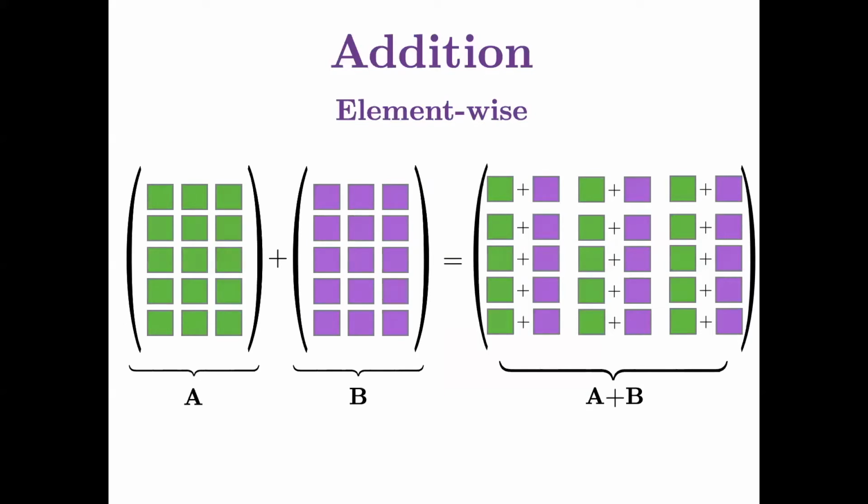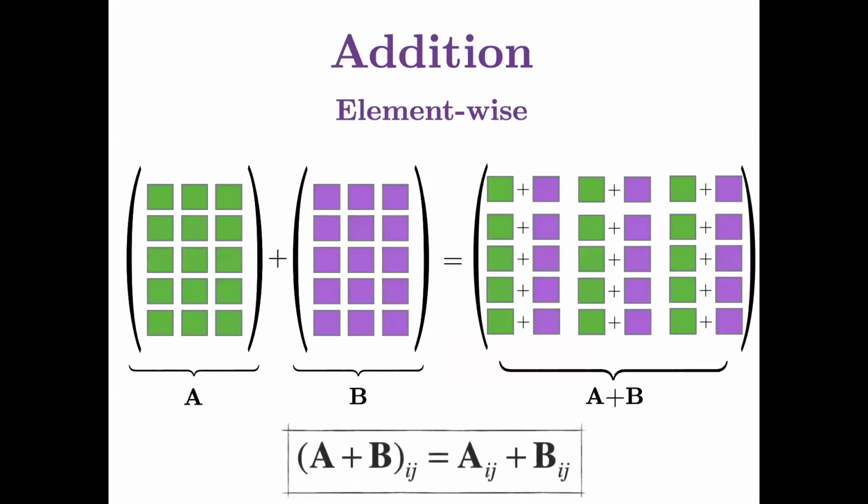If two matrices have the same size, then they can be added together, and in order to do so, we just add the corresponding elements. Mathematically, we might write this as the ijth element of the sum is equal to the sum of the ijth element of each matrix. We can see in this animation that the ijth element of A plus B is just the sum of corresponding elements.